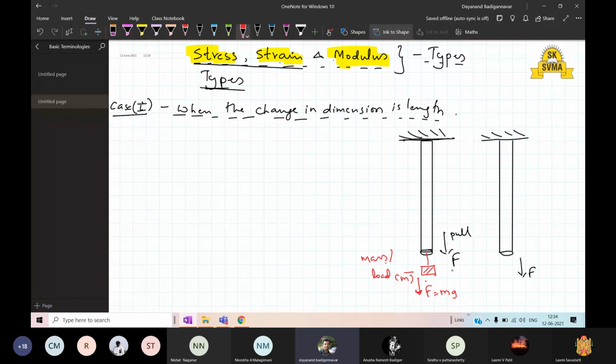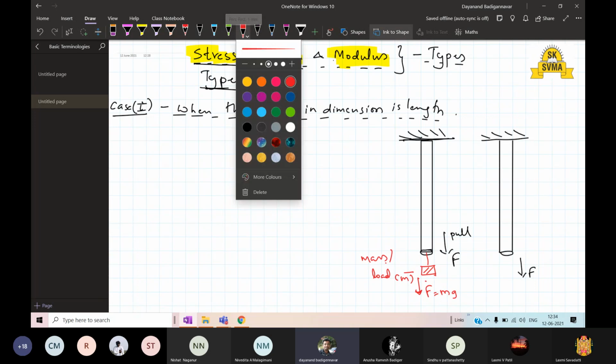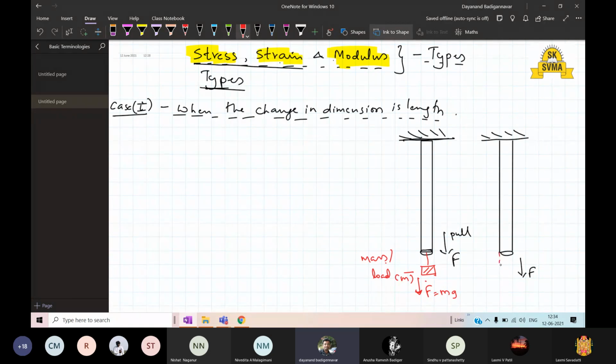Once you apply the force, what happens? There is a change in dimension. The length is changing now.